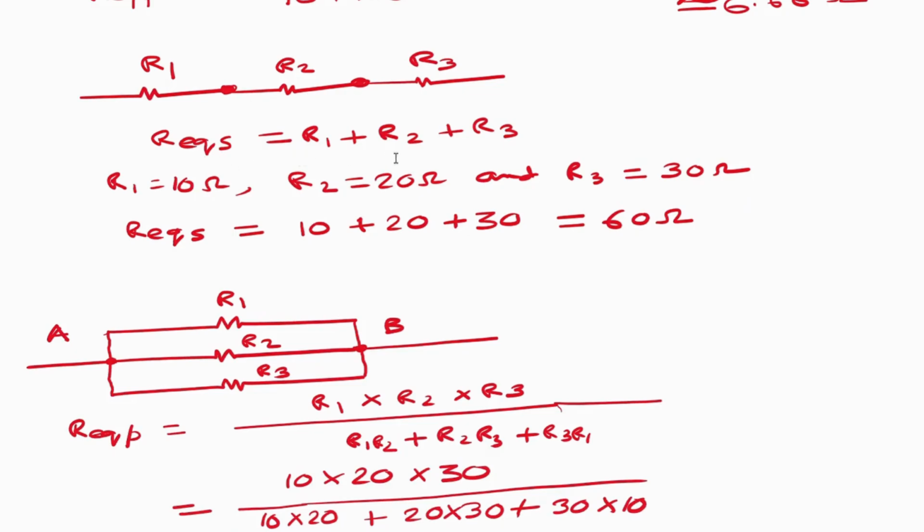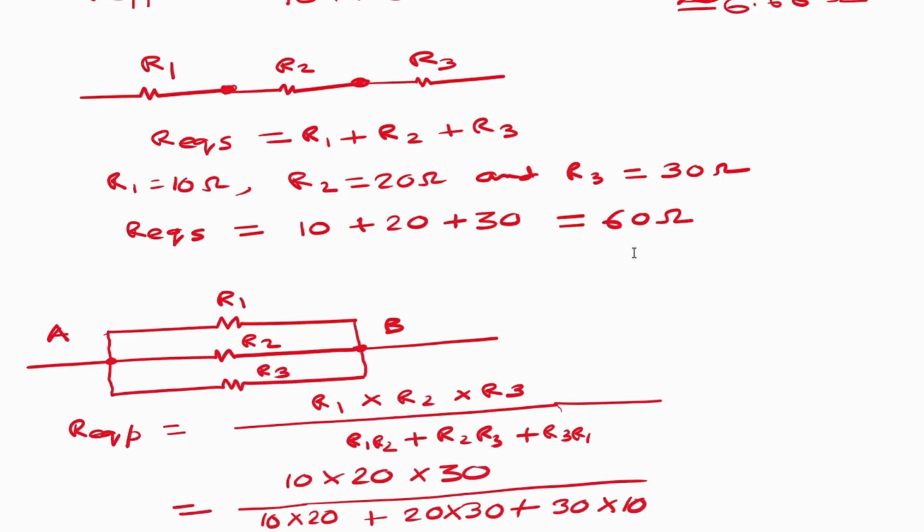If R1 equals 10 ohms, R2 equals 20 ohms, and R3 equals 30 ohms, then R equivalent series will be 10 plus 20 plus 30, that means 60 ohms. So the additive value is more in the case of series.